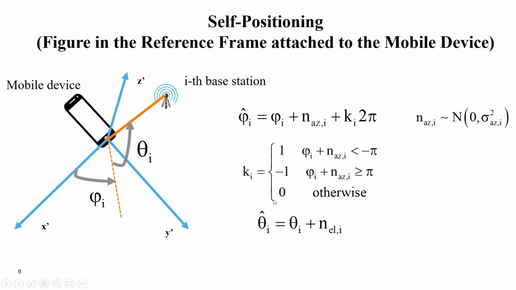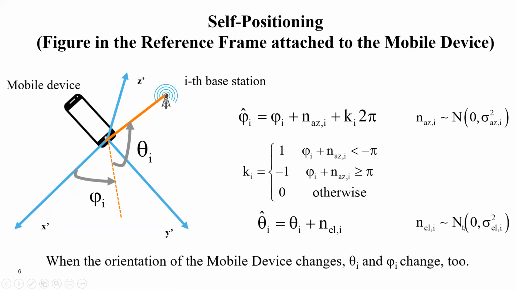The estimated elevation equals the true elevation plus the elevation estimation error, where this error is assumed to be zero-mean Gaussian distributed too.